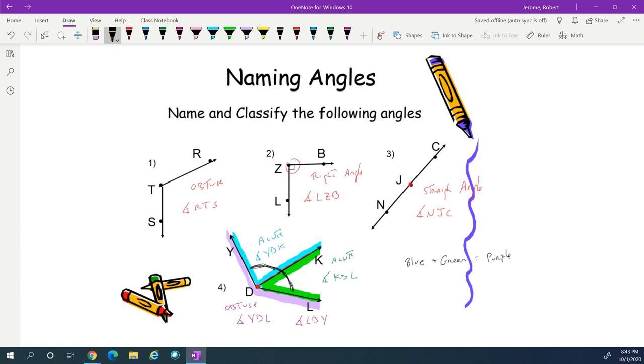Again, adjacent angles share the vertex, in this case point D, and the line that separates them, in this case ray DK. And when that happens, we will be allowed to add them using angle addition. So again, here we were just asked to name and classify, but I'm showing you that because we're going to get to that very quickly.